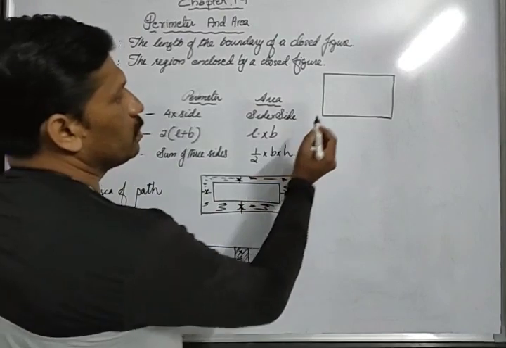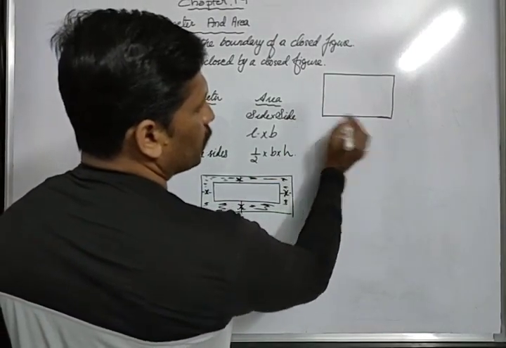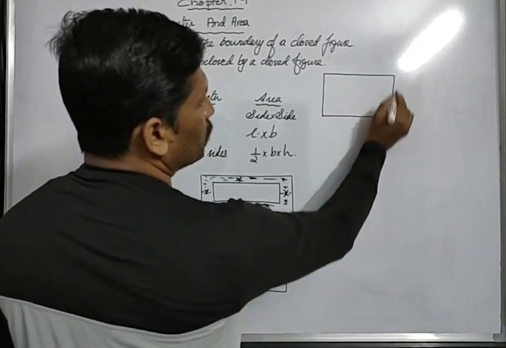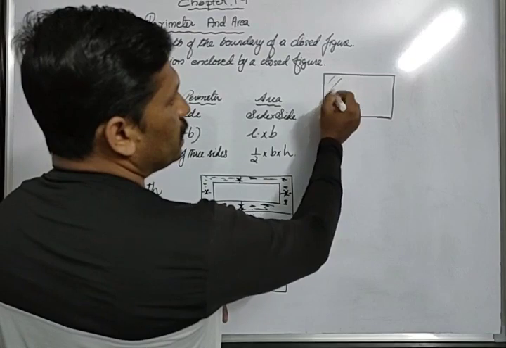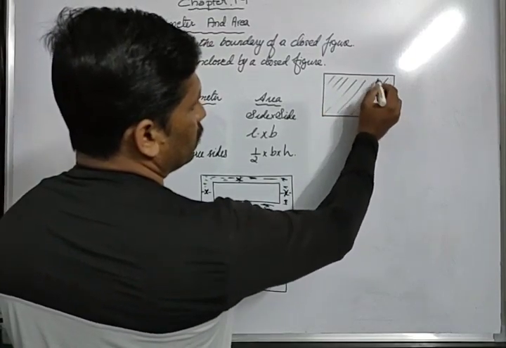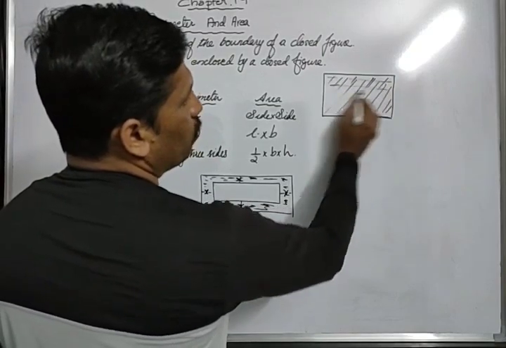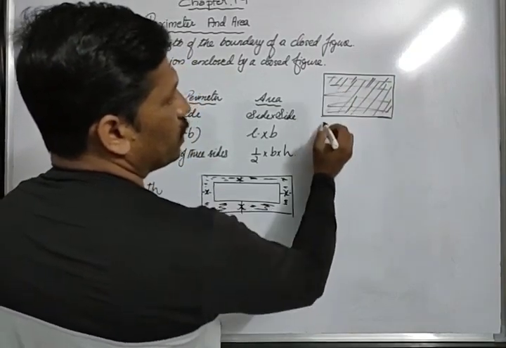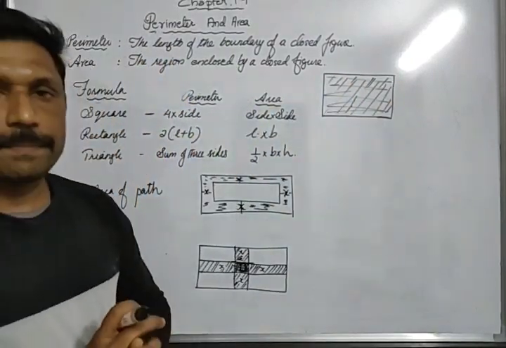So actually, suppose if this is a closed figure, the length of this boundary from here to here, this distance is called the perimeter, and the area inside this closed figure, that is called the area. This region occupied by the closed figure, this inner space, is called the area, and the length of only the boundary is called the perimeter.